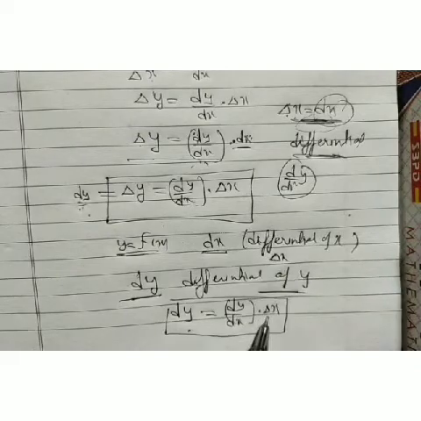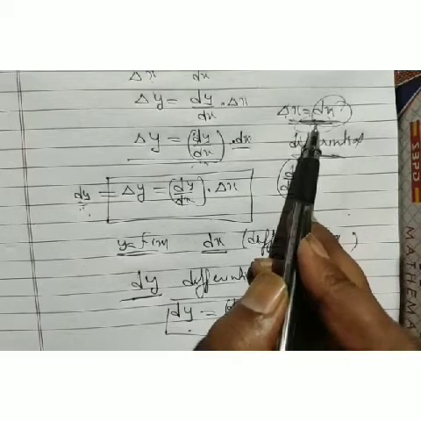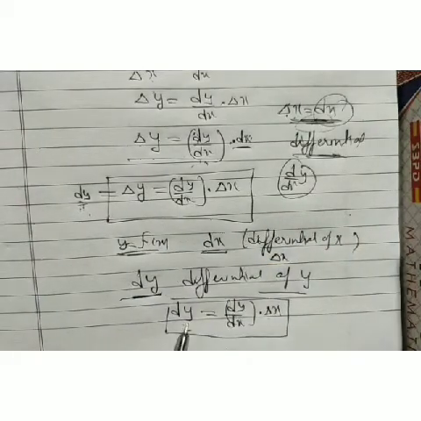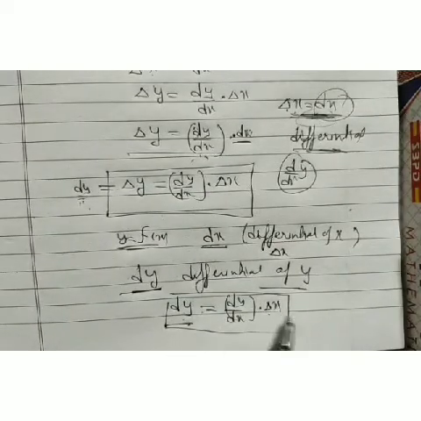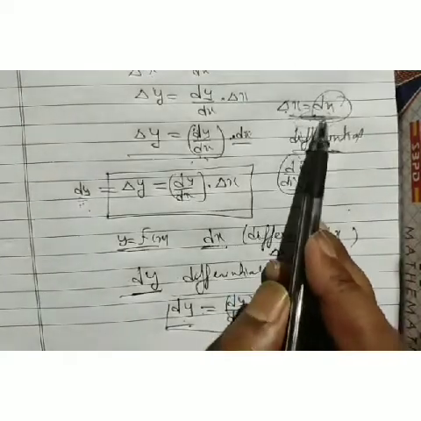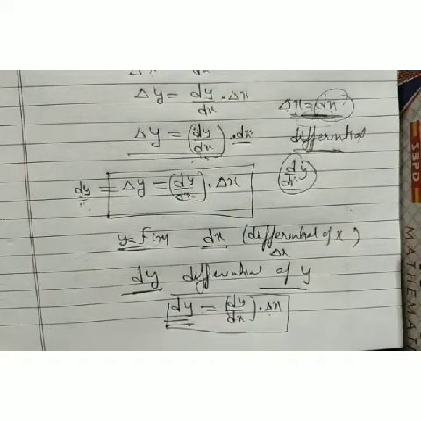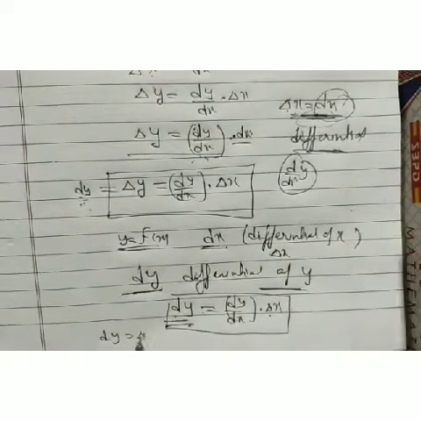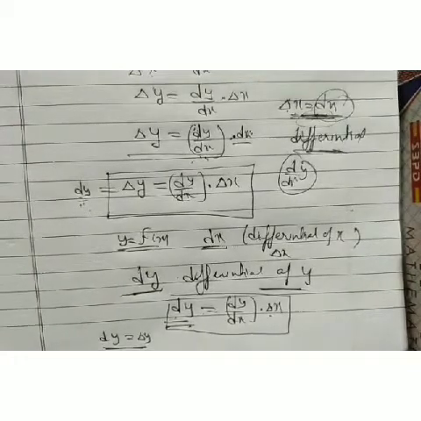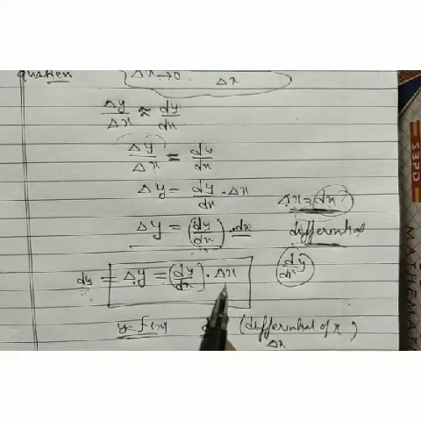In case dx, that is delta x, is relatively small when compared with x, then dy is a good approximation of delta y, so we denote dy approximately equal to delta y. This is the concept of approximation, but you have to remember that the differential of y is given by the derivative of y times the differential of x.